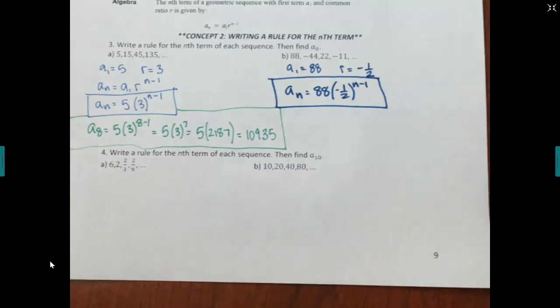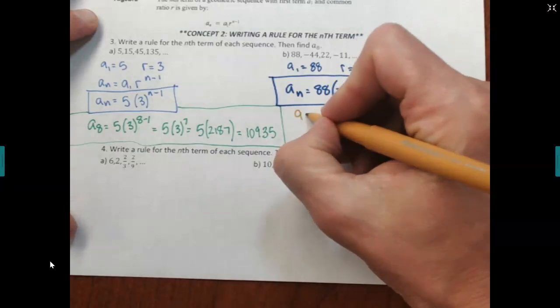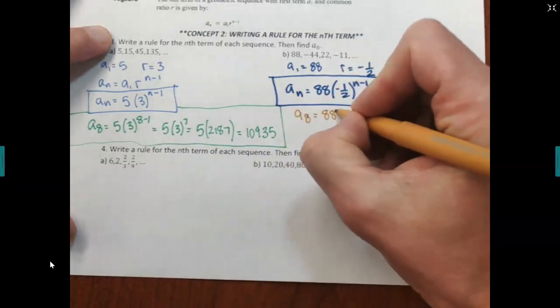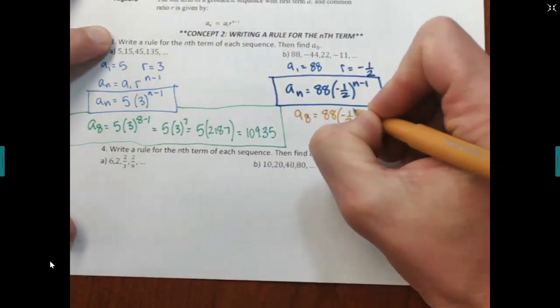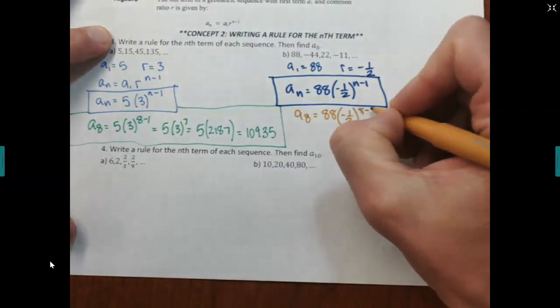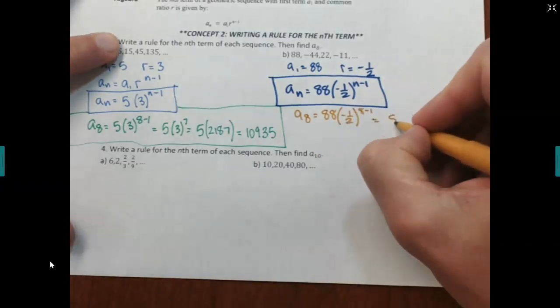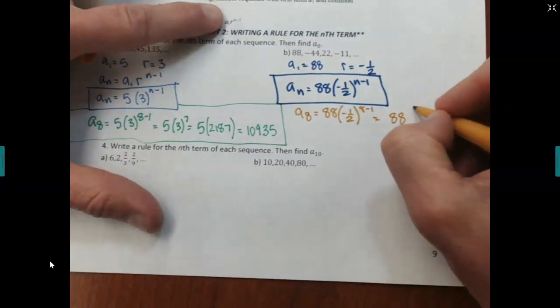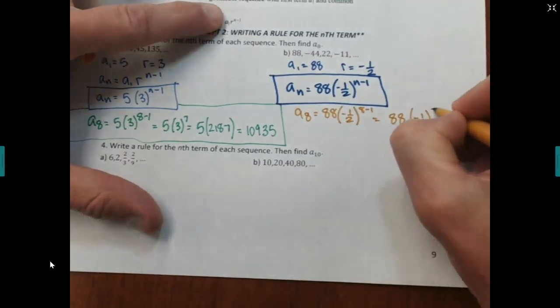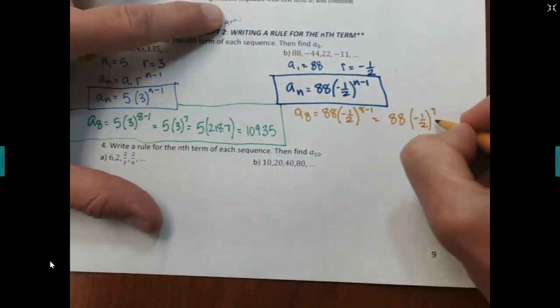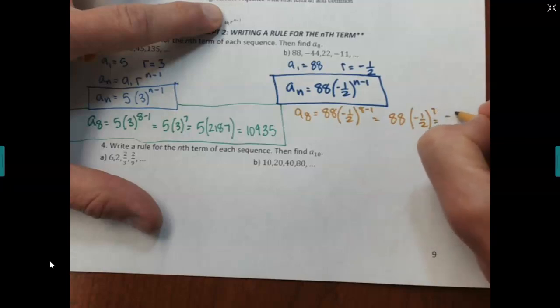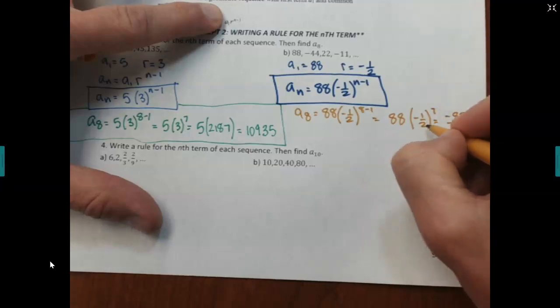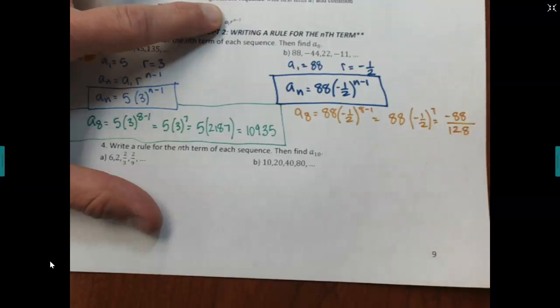And then what I'll do is do the 8th term as well. So a sub 8 equals 88 times -1/2, sorry, to the 8 minus 1 power, which is 88 times -1/2 to the 7th power. Well, -1 to the 7th power is -1 times 88 is -88. 2 to the 7th power is 128.